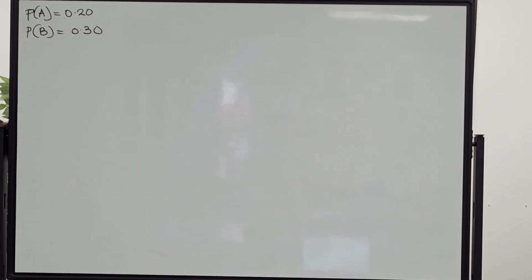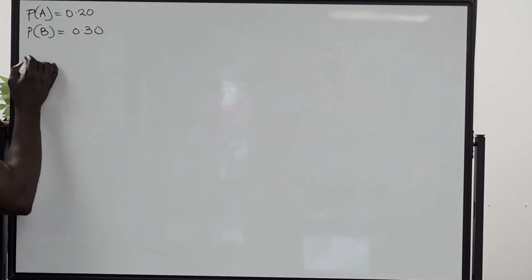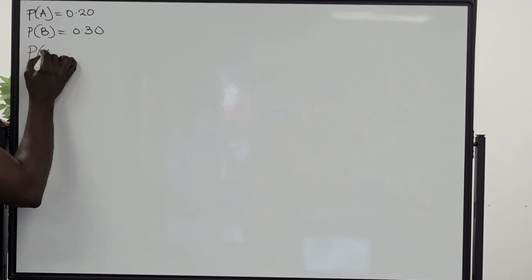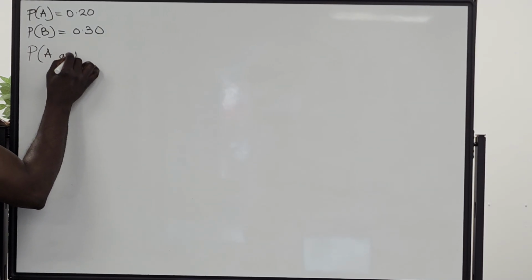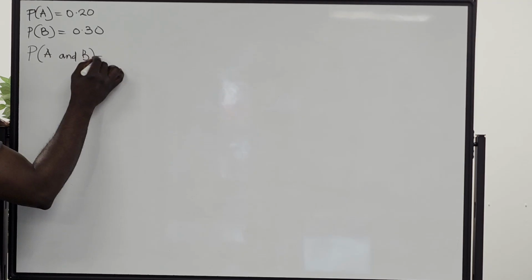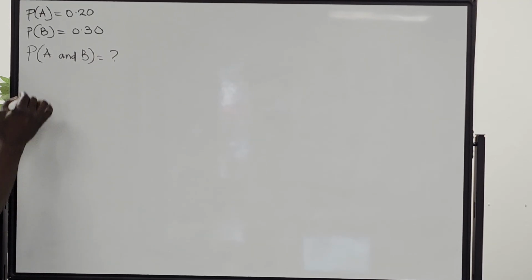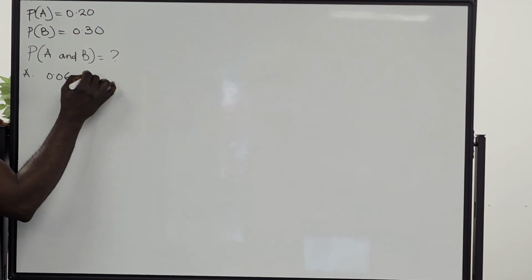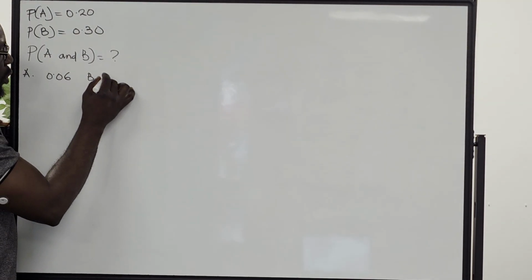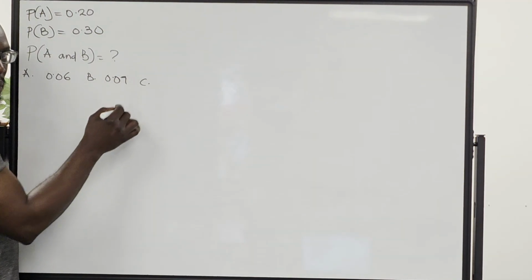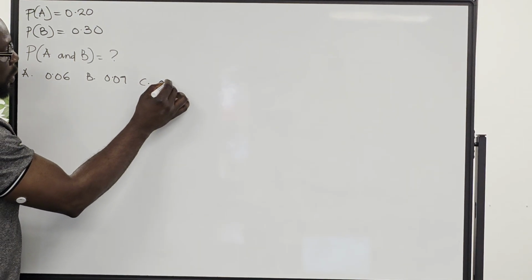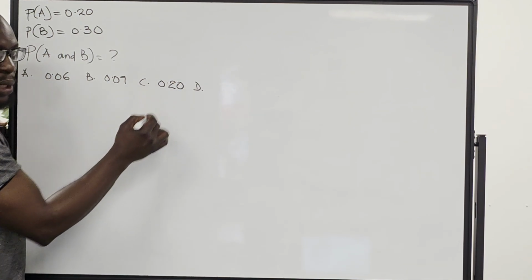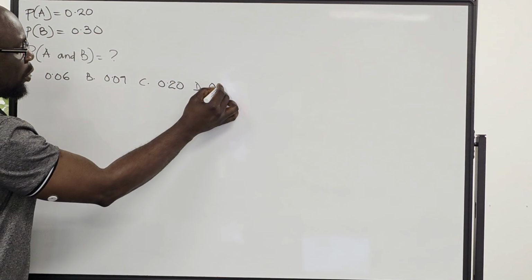What is the probability that event A will occur and event B will occur? So they are saying probability of A and B will occur. That's what they're asking for. Option A, 0.06. Option B, 0.09. Option C, 0.20. And option D, 0.30.